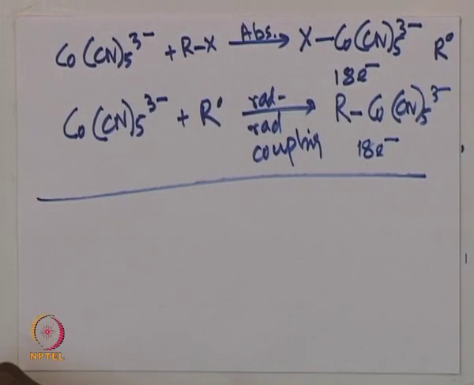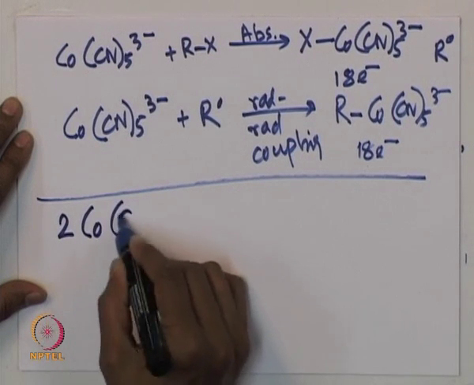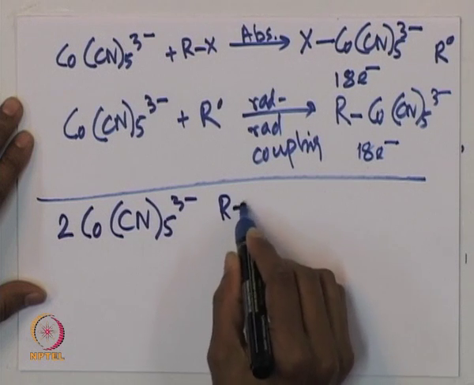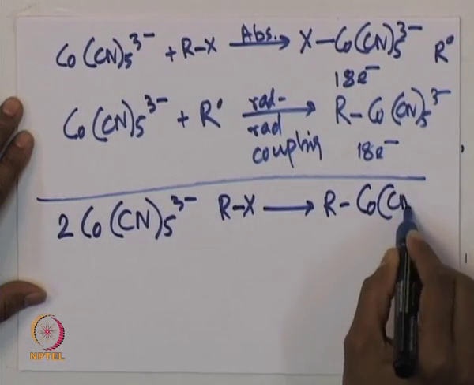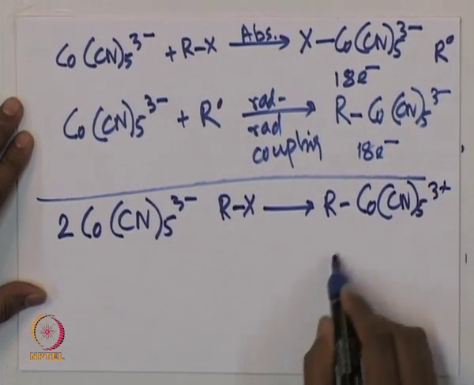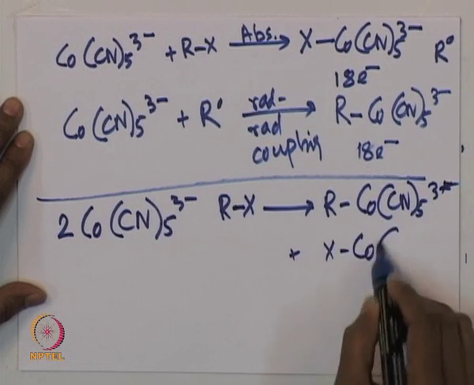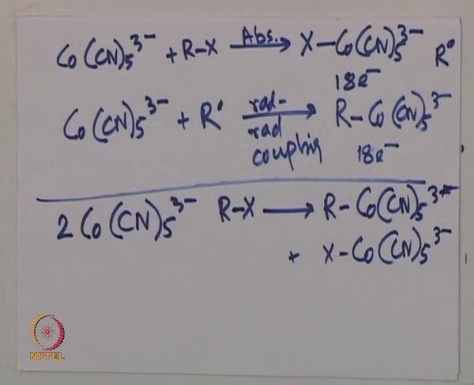So, if you combine these two steps, overall we will have two molecules of the cobalt species reacting with RX to give RCo(CN)5 3- plus XCo(CN)5 3-, right. So, this is how radical reactions work. You have seen the radical reaction before. The mechanism is rather straightforward.